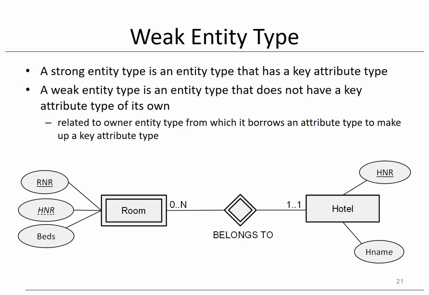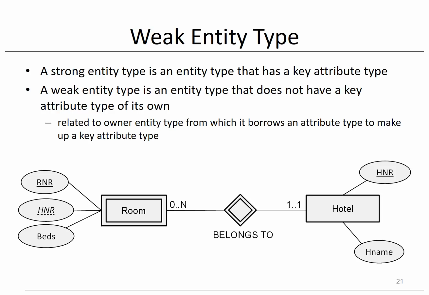A room is identified by a room number, RNR, and a number of beds. Within a particular hotel, each room has a unique room number, but the same room number can occur for multiple rooms in different hotels. Hence, RNR as such does not suffice as a key attribute type.